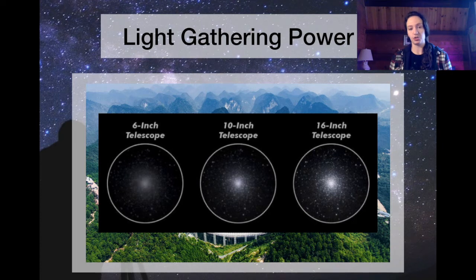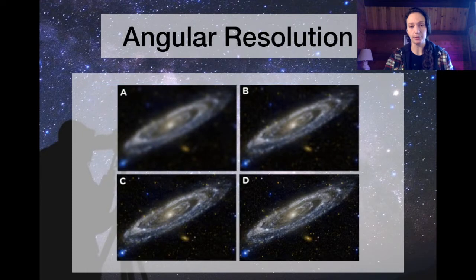So to illustrate what this does for us, if you collect more photons, you have more light from that source, and so your object will appear brighter. And as you can see from this diagram, the brighter an image is, the more of those faint stars you can see, the more clearly you can see the brighter stars, and so the more detail you can see. So that goes over light gathering power.